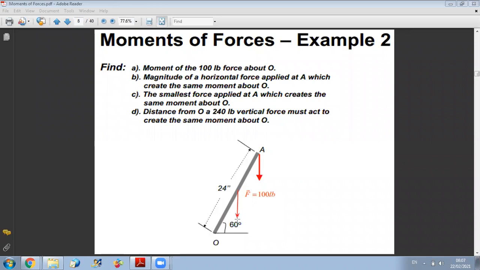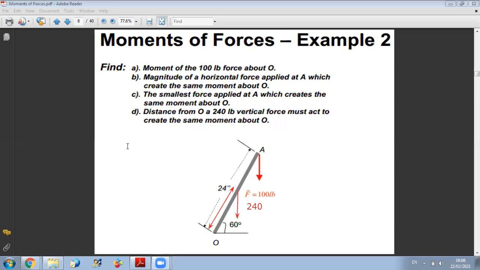Who can tell me in a quick way what should be this distance? If this is 240 here, what should be this distance? Think about it in a proportional way.